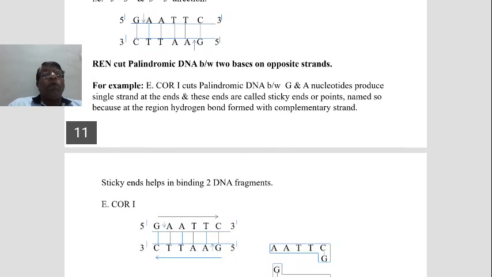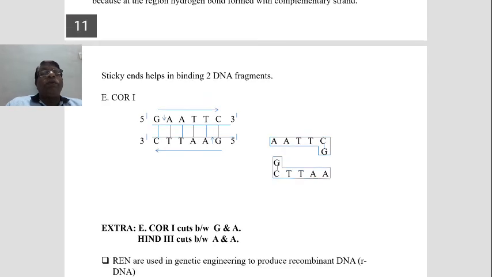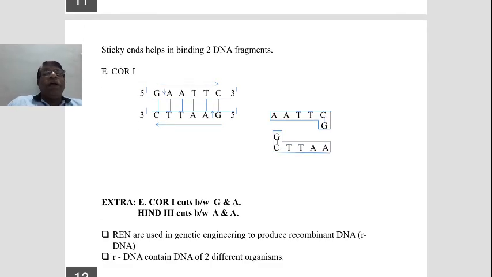What is palindromic DNA? Very important for the examination. Now look here. Palindromic DNA is there. When it cuts between G and A, it produces in the upper strand AATTCG.